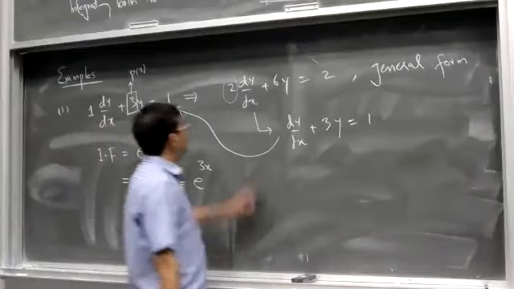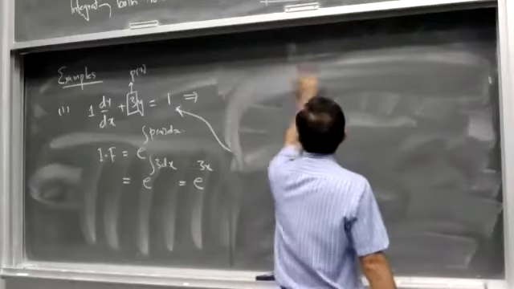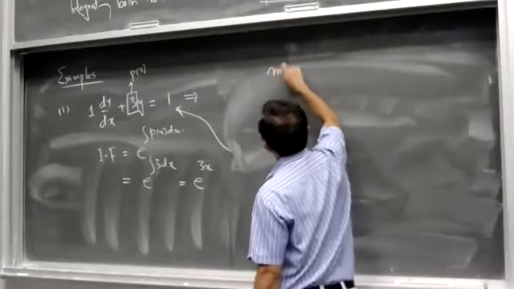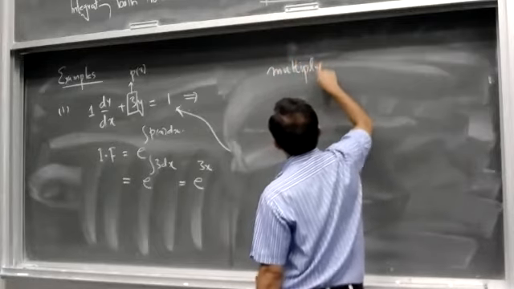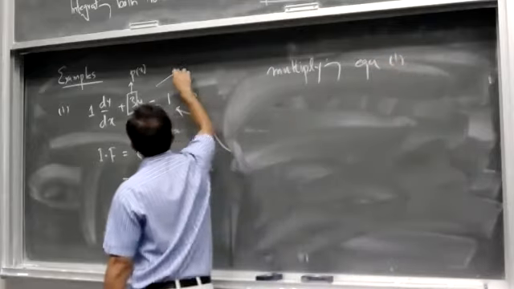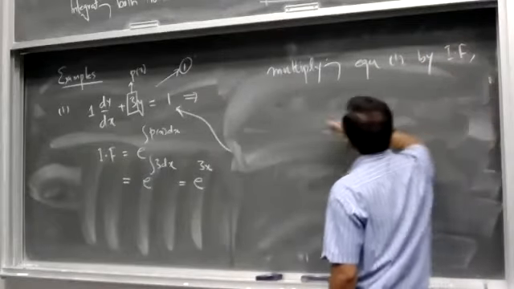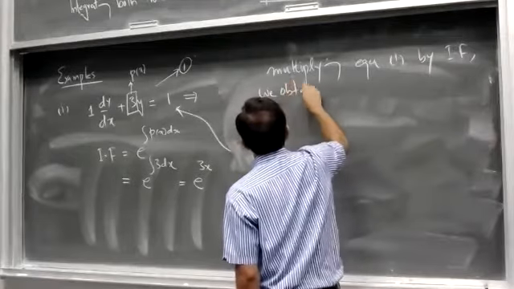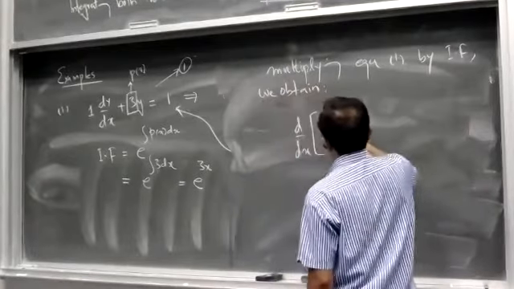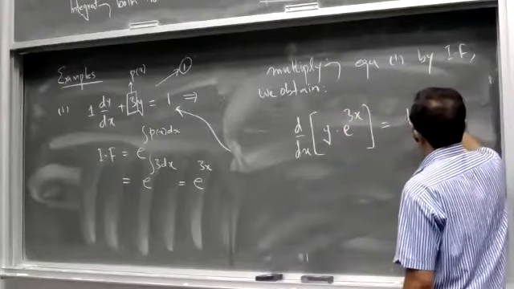You can directly write: multiplying equation 1 by the integrating factor, we obtain d by dx of y times integrating factor is equal to right hand side times integrating factor.